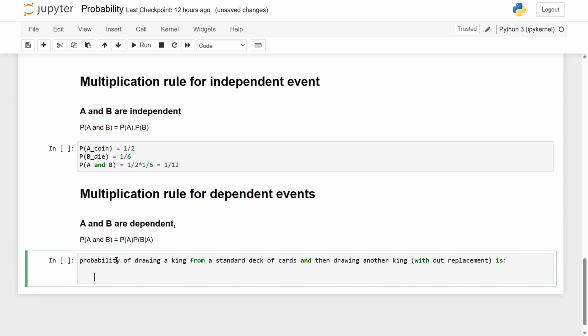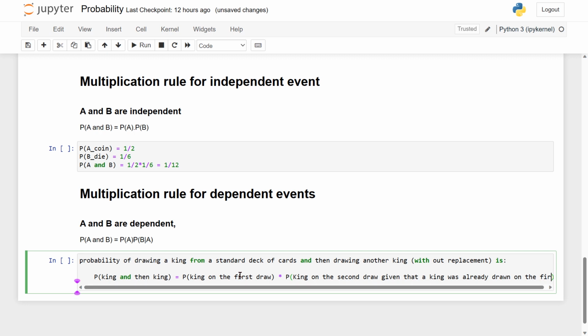So the answer for this is: probability of king and then king is equal to probability of king on the first draw multiplied by probability of king on the second draw, given that a king was already drawn on the first draw.